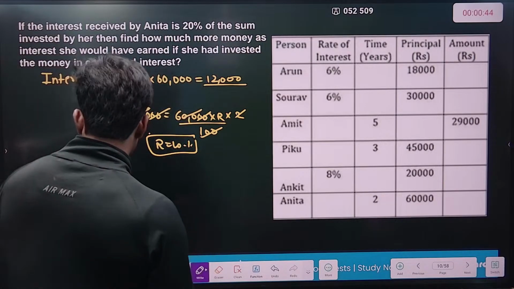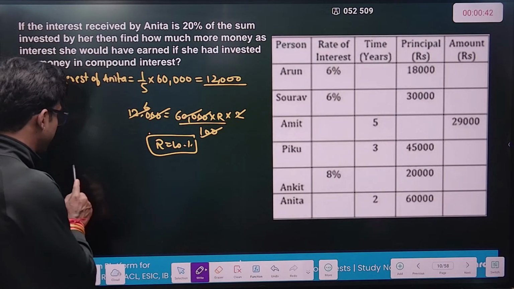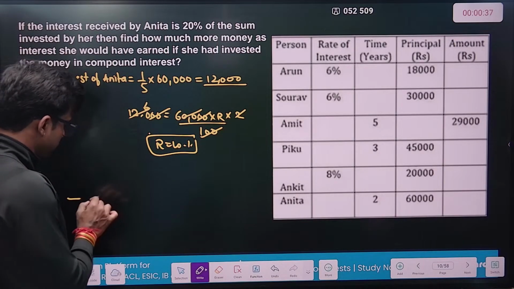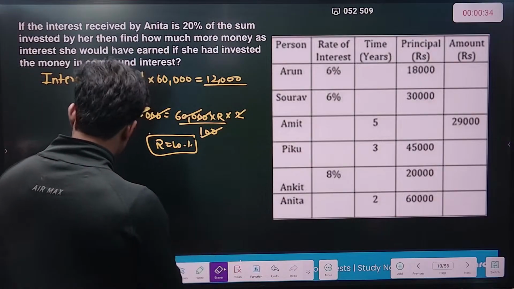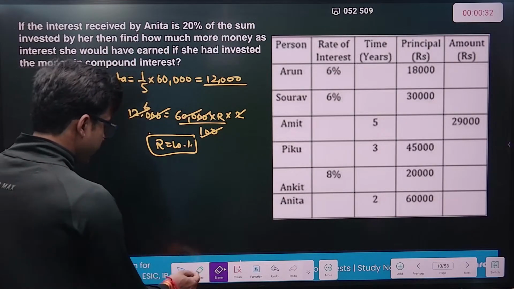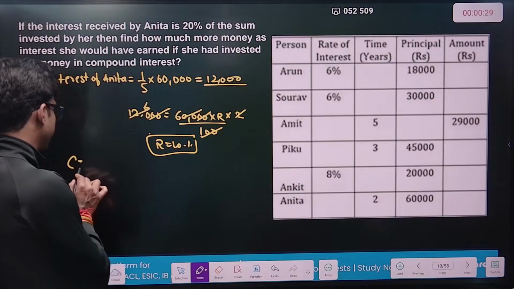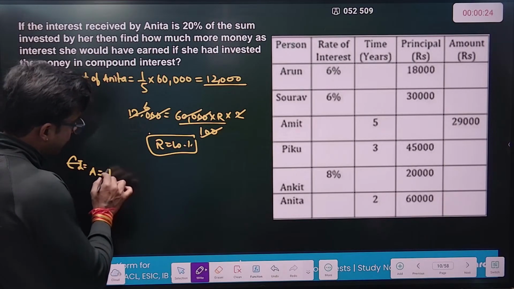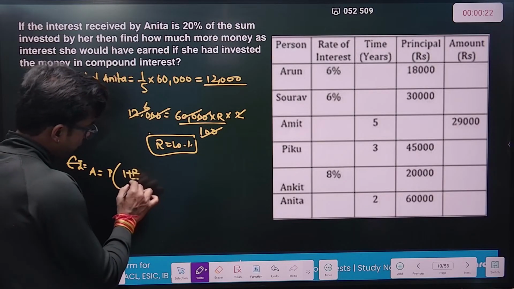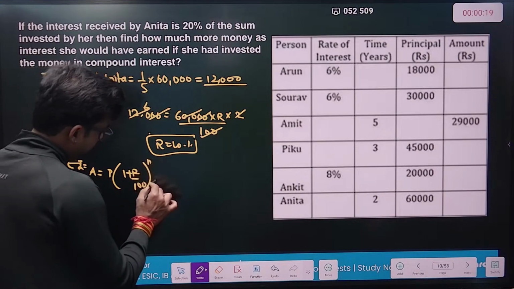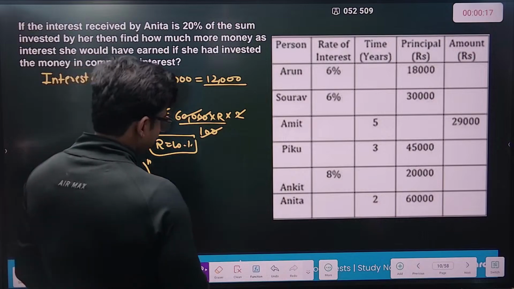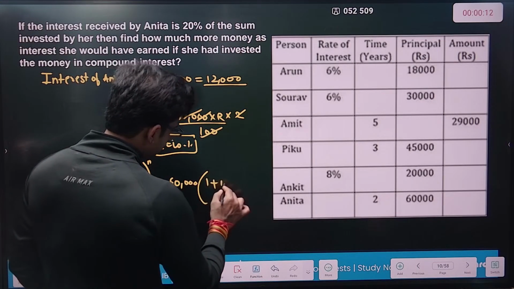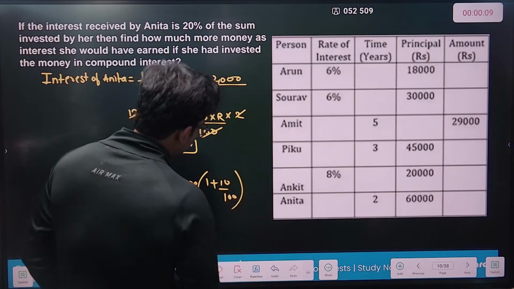Now, if you go for compound interest, just wait everyone. The amount for compound interest is P into 1 plus R by 100 to the power n, which is 60,000 into 1 plus 10 by 100 to the power what?